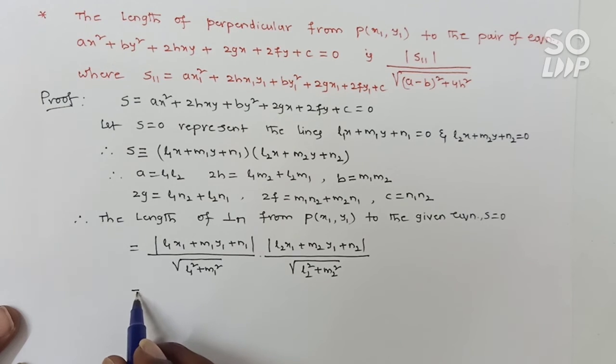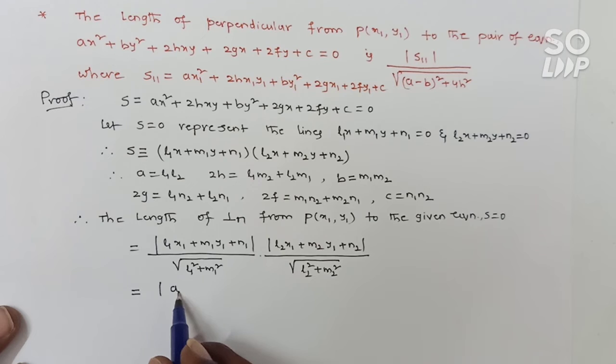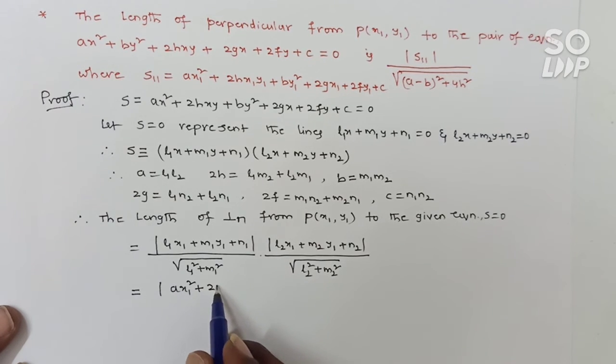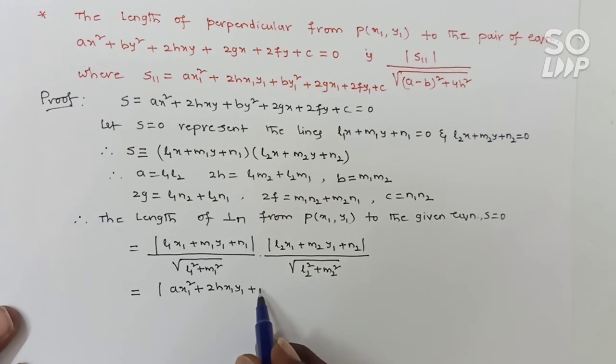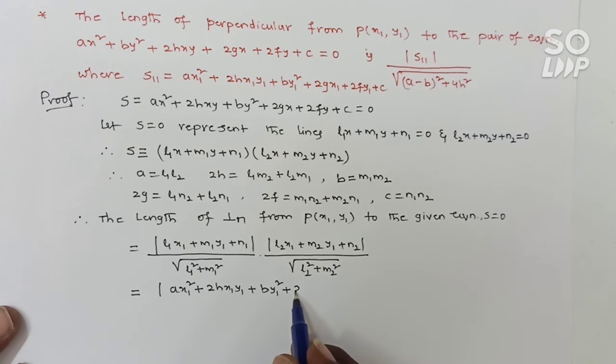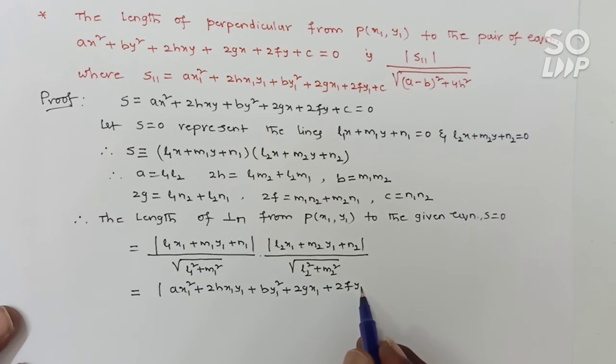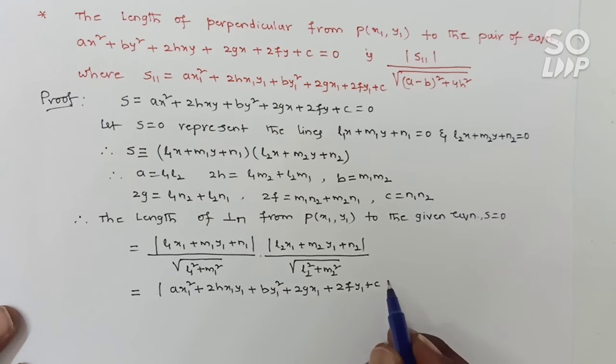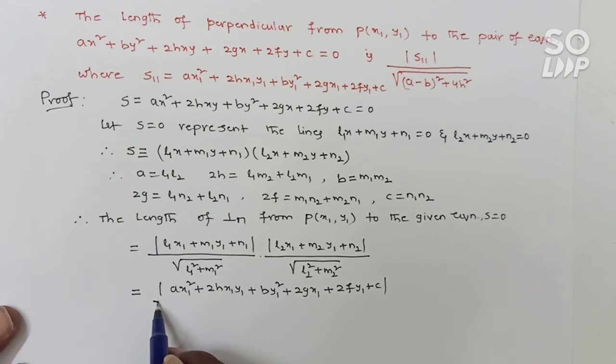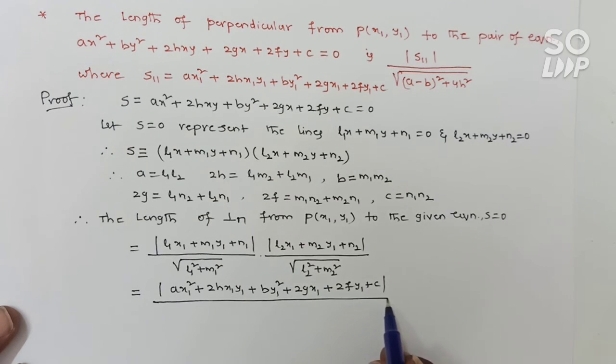So the numerator value is modulus of a x1 square + 2h x1 y1 + b y1 square + 2g x1 + 2f y1 + c, whole divided by the denominator.